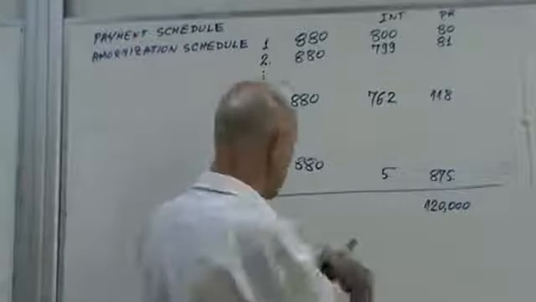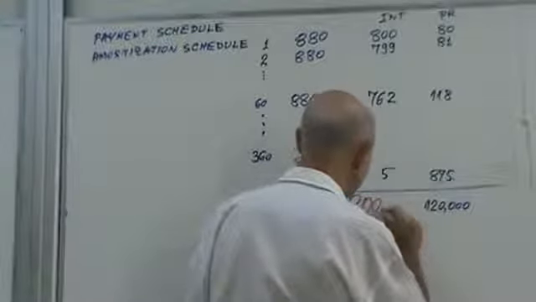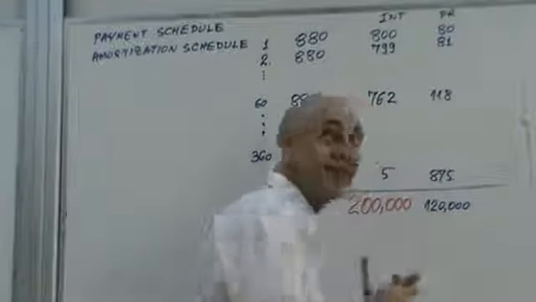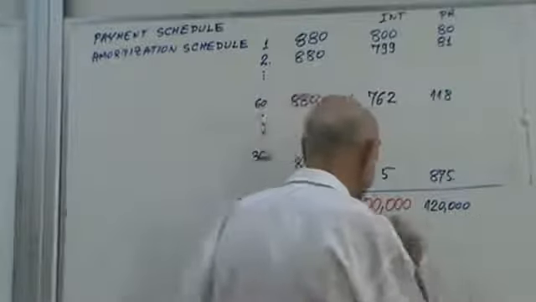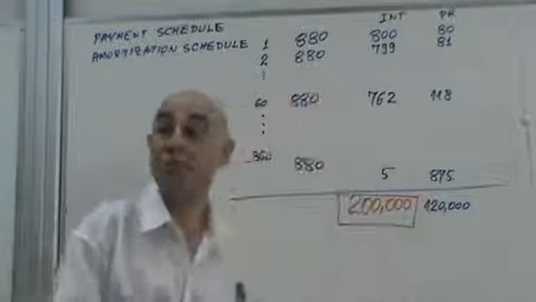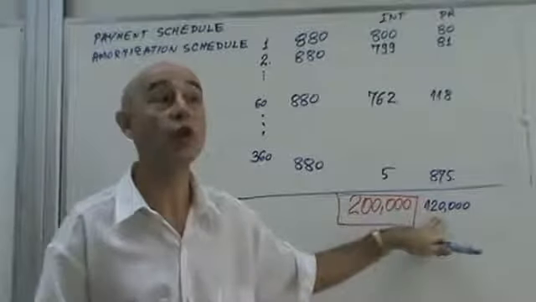Okay, we write it in nice, beautiful red letters, big. 200,000 with the fees, right? So, that's it. Out of the loan, the bank got 200,000 in interest, and you got 120,000.